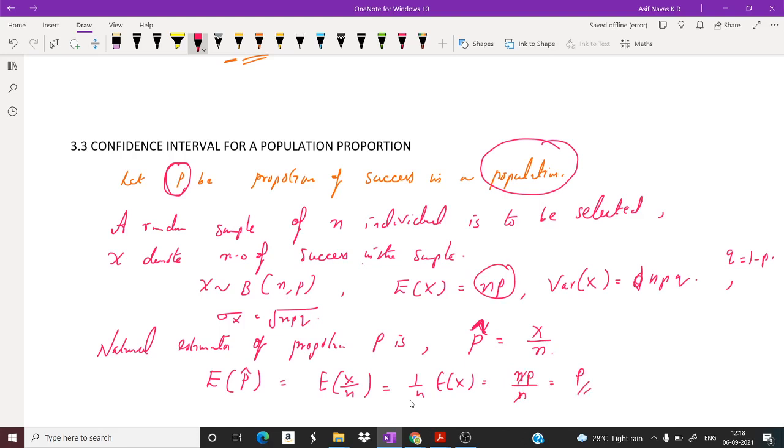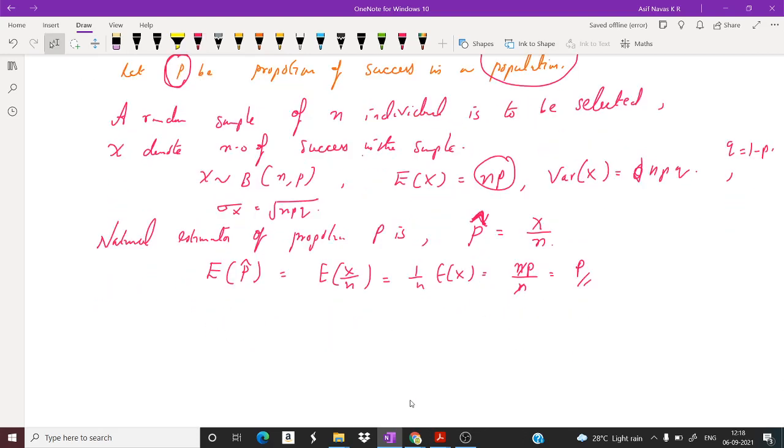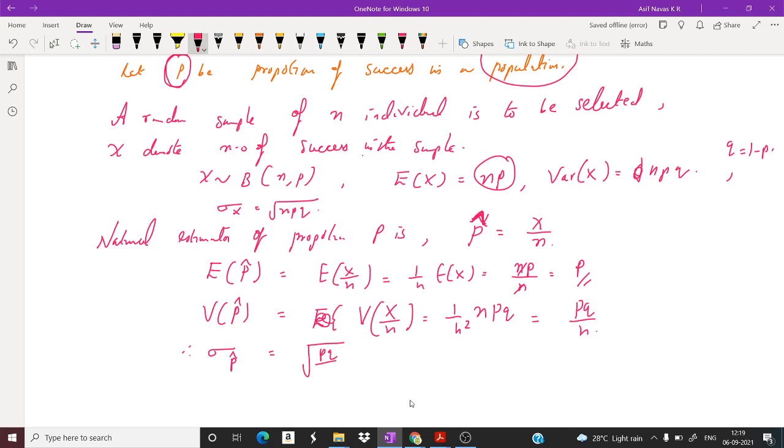So the expectation of p bar is p, and the variance of p bar is the variance of x by n, which is 1 by n square times npq, equal to pq by n. Therefore, the standard deviation of this is root pq by n.